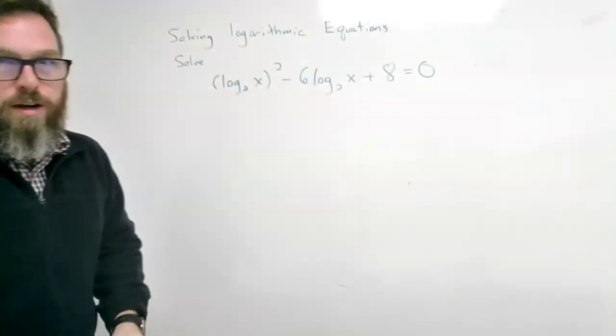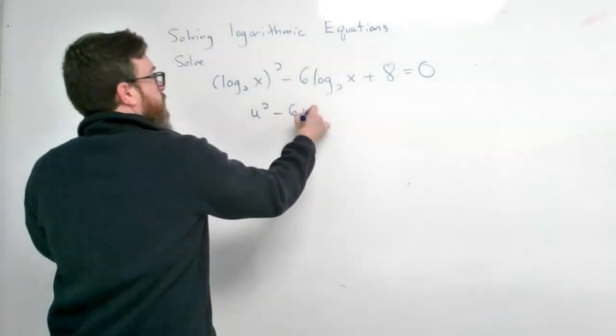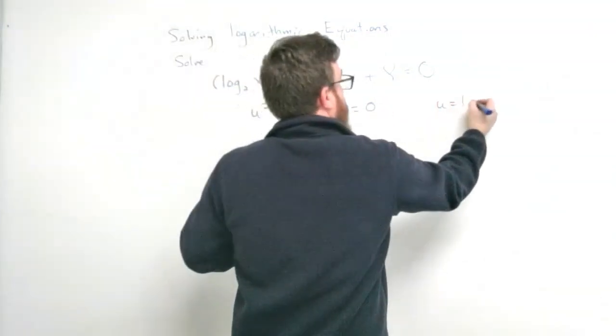So this is quadratic form because we can write this as u squared minus 6u plus 8 is equal to 0, where u is going to be equal to that log base 2 of x.